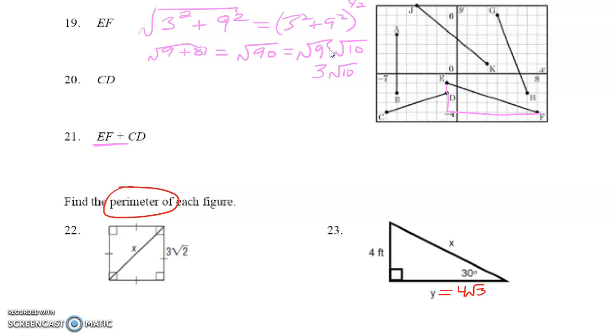So in this case, the side length is 3 root 2, but there are 4 sides. You can either add all 4 up, or you can multiply because they're the same thing. But make sure you simplify the expression that you get there. And here again, solve for the hypotenuse, and then in simplifying those radicals, you should come across a good answer for that. Then you add them up. Make sure you do not add unlike terms.